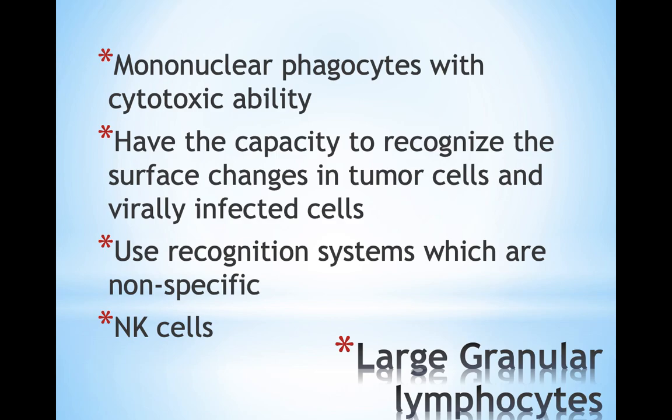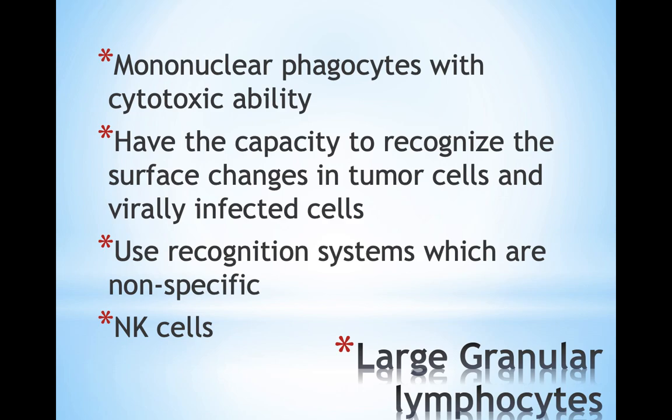So our large granular lymphocytes are actually mononuclear phagocytes capable of cytotoxic ability, similar to our cytotoxic T cells. They can recognize surface changes in tumor cells and virally infected cells. However, the recognition is not specific, unlike our lymphocytes. So they use non-specific recognition systems.